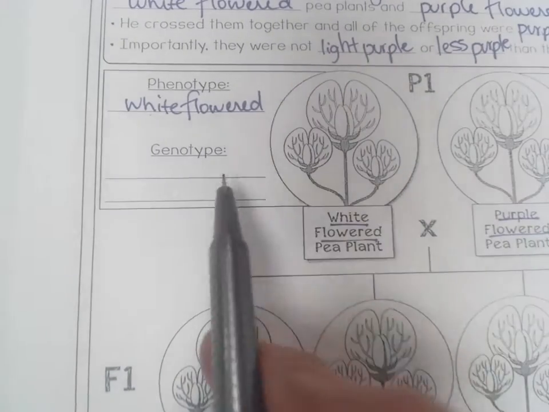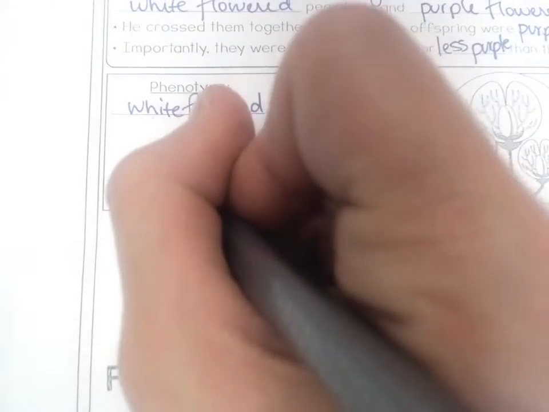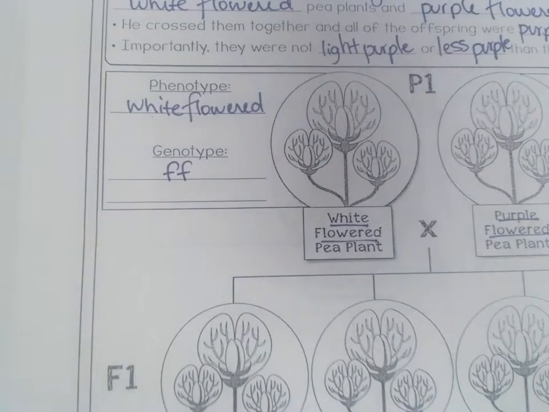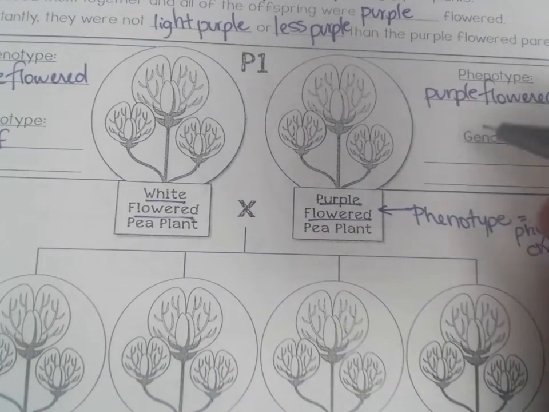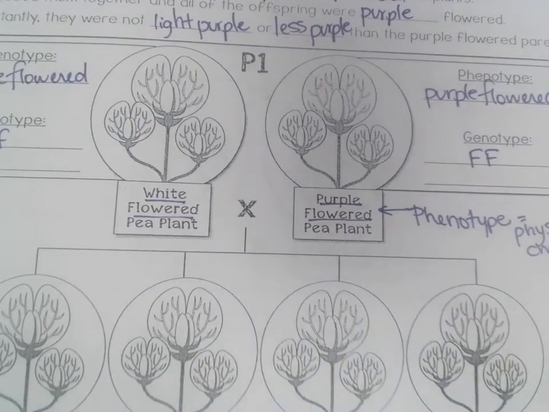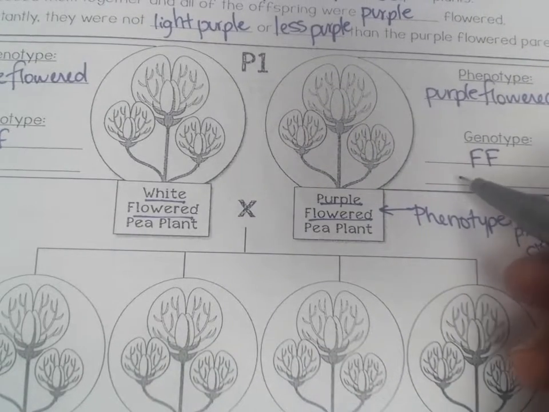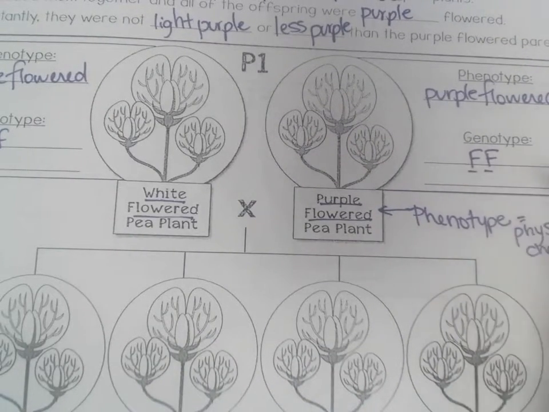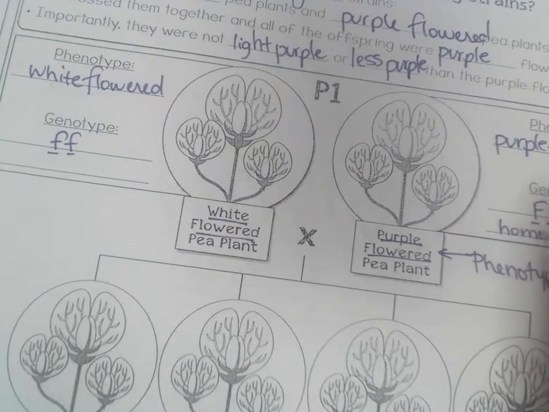So our genotype for the white flowered plant, white here is not dominant, so we're going to use our lowercase f's. And the genotype over here, this is the dominant trait, so we're going to use uppercase F's. And when it's two of the same kind, uppercase or lowercase, it's called a homozygote.